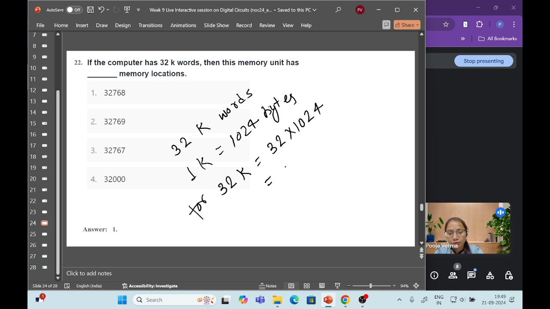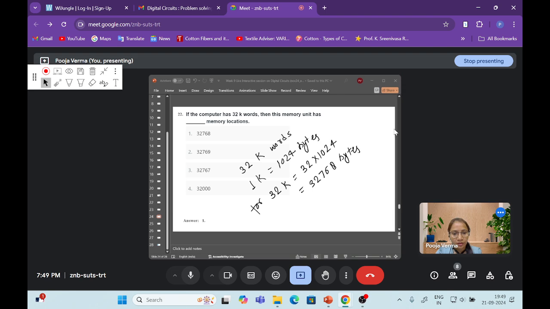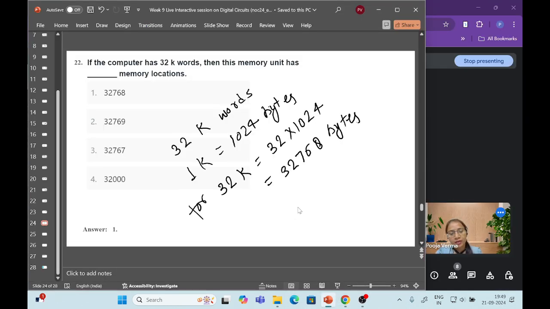If you multiply, you will get 32,768. You can solve it anyway. 32 means 2 to the power 5 and K is 2 to the power 10, so 2 to the power 15, you will get this number only. So option 1 is the correct answer for this question.